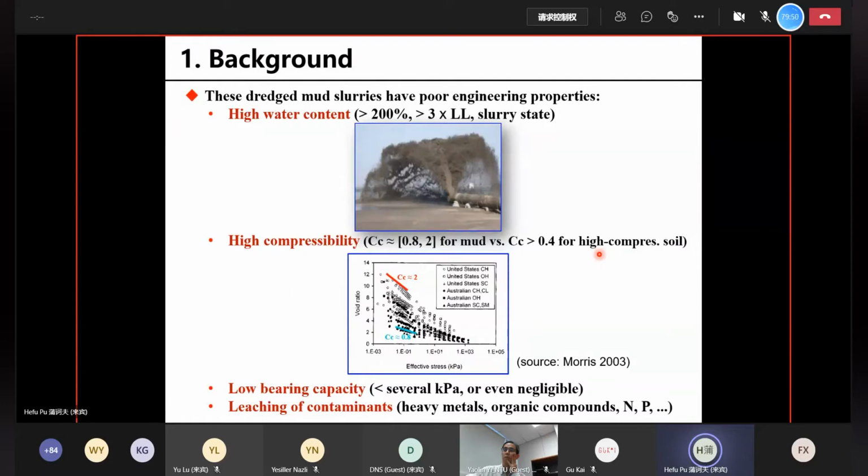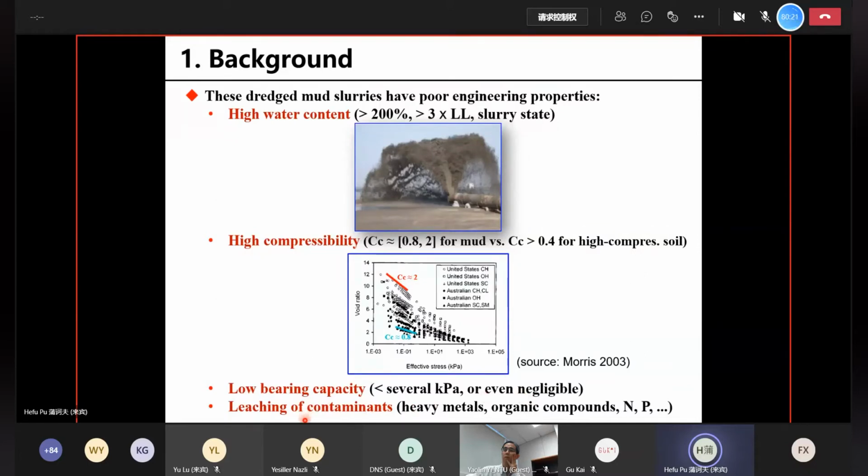So you can see here the compressibility of mud slurry is usually at least 2 times that. And also because of its high water content, it has very low bearing capacity. It is usually lower than several kPa, usually lower than 2, and sometimes even negligible, and cannot be measured using conventional testing equipment.